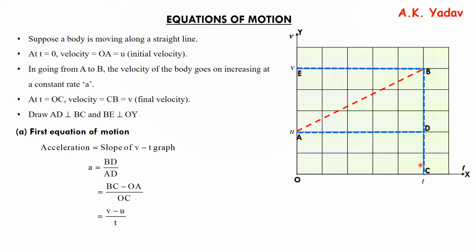Now as we know, BC is equal to v, OA or CD is equal to u, and OC is equal to t. So when we put the values, we get a is equal to v minus u upon t, or v equal to u plus at. So we have derived the first equation of motion.